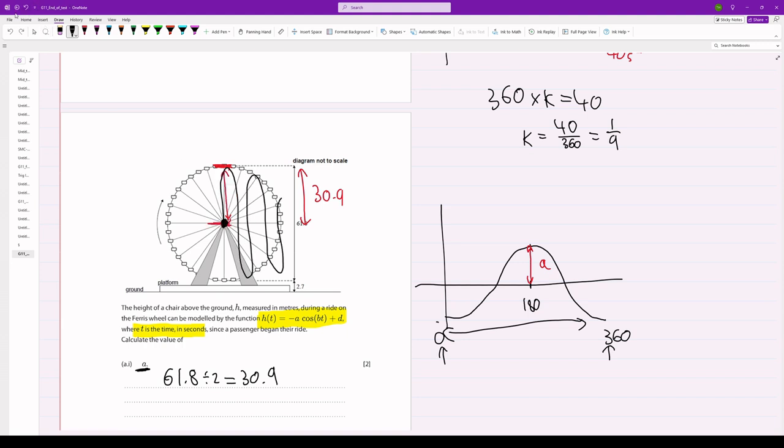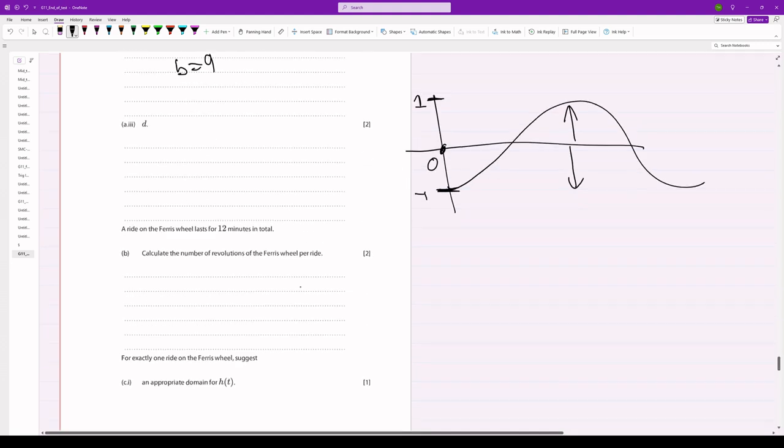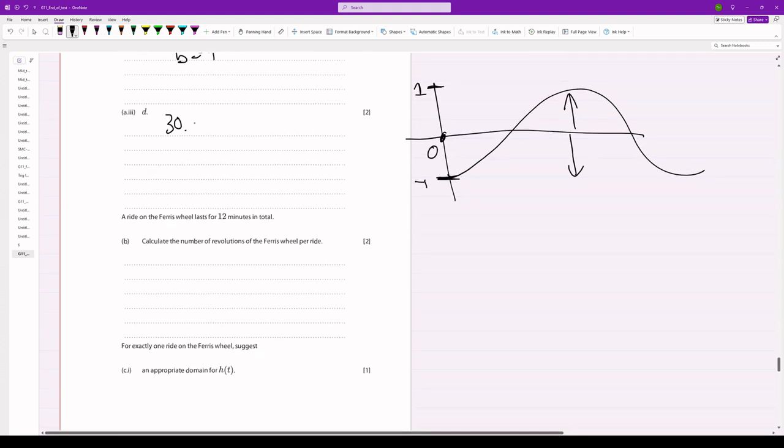So I would like to know for this question, how high up is that point? Pretty easy to do. I already know that this bit from here to here is 30.9. I know that that's 2.7, so 30.9 added to 2.7 gives me 33.6.